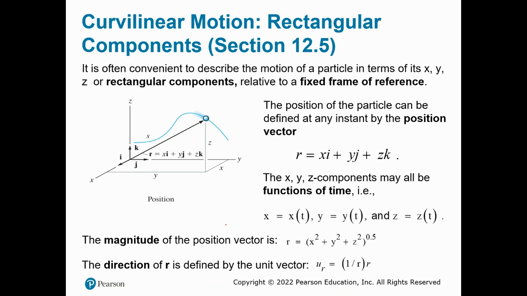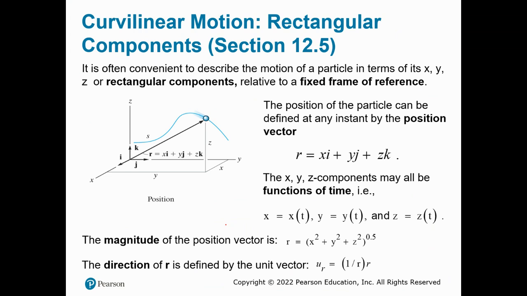The position of the particle can be defined at any instant by the position vector r equals xi plus yj plus zk, so I have the xyz components along the ijk directions. All of them or some of them may be functions of time. x can be a function of time, x of t. y can be a function of time, y of t. And z can be a function of time, z of t, as well.